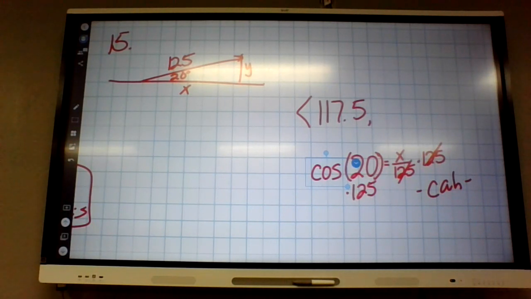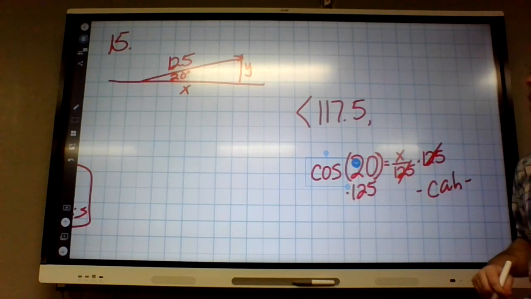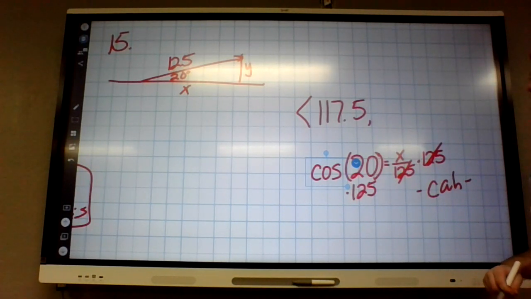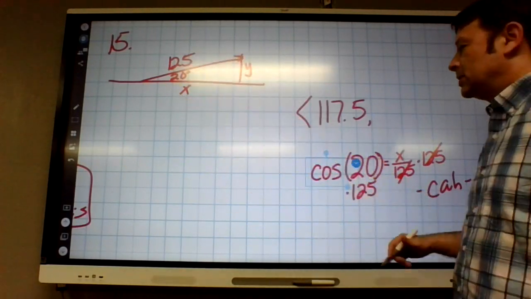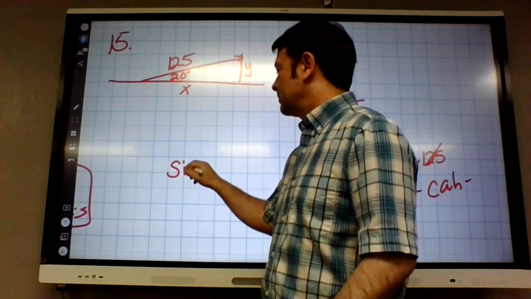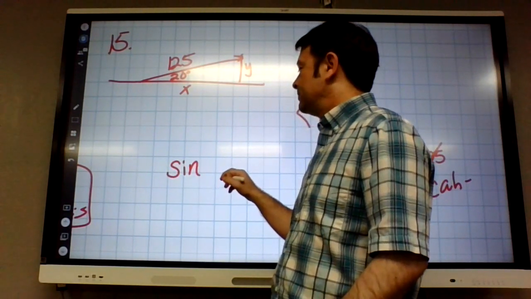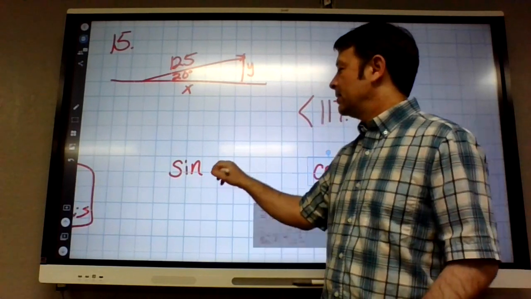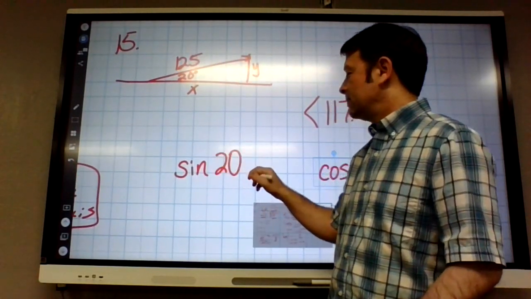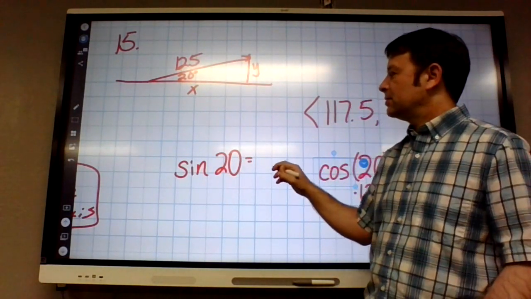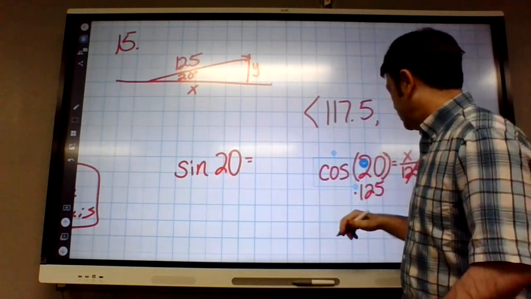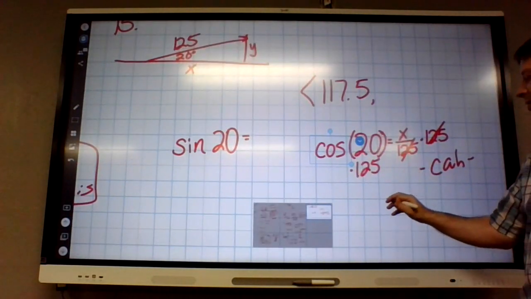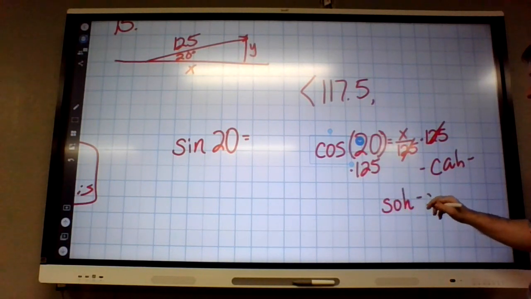How will we set that up? So you have to go opposite and hypotenuse, which is, let me think, sine. Sine of 20 equals y over 125. SOHCAHTOA stands for opposite over hypotenuse.